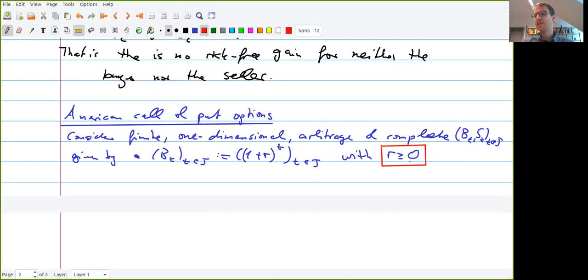The reason is it might change the decision you want to make. If you exercise the option, you receive some money, and then you probably want to put it in your bank account. If you lose money in the bank account because the interest rate is negative, this might change your perspective on the American option: you would want to keep the option alive because you would lose money by putting it into the bank account.